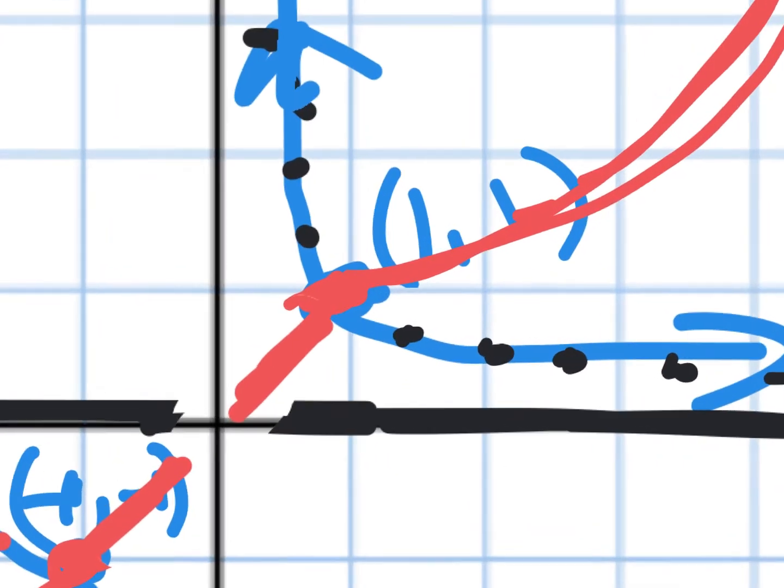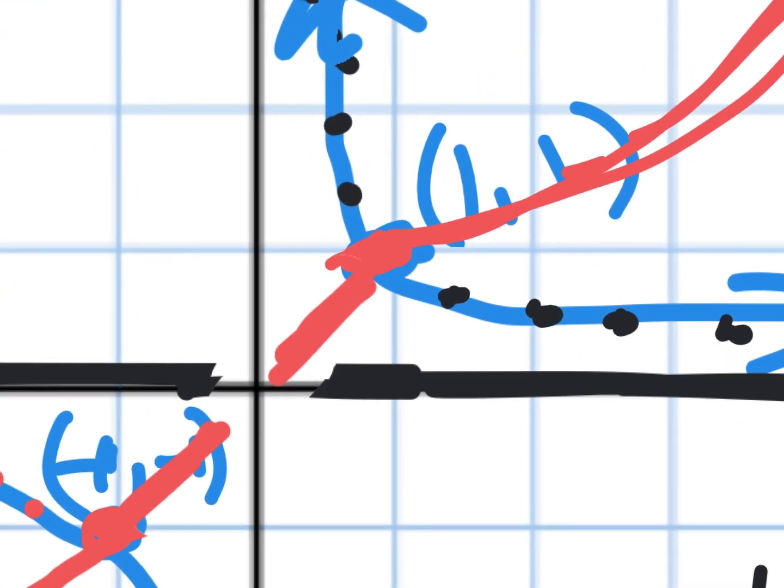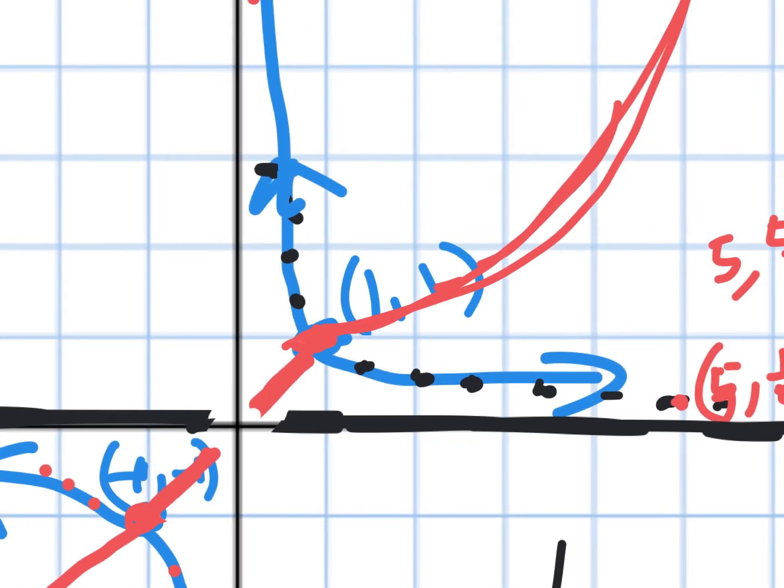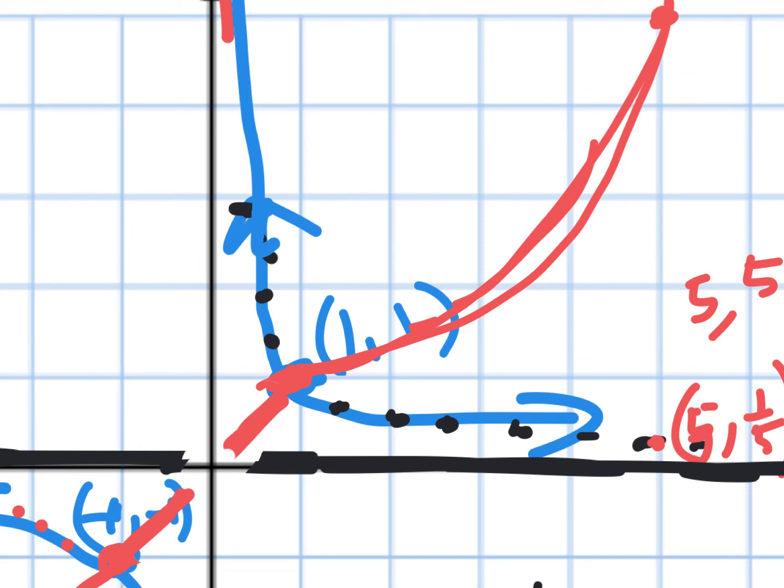So let's do it by points, because I'm a little confused by what you're saying, so other people probably are too. Would you agree that on the blue line we can name all the points because the function is known? So we know it's the 1 over x function. If y equals 1 over x, then if I say x is 1/5, then y would have to be 1 over 1/5, which would be 5.